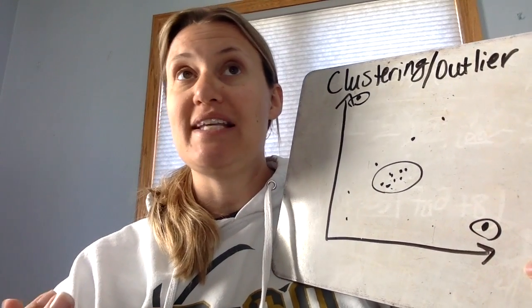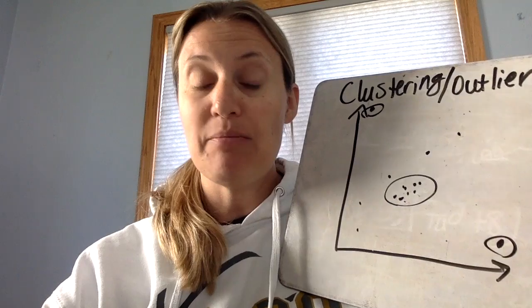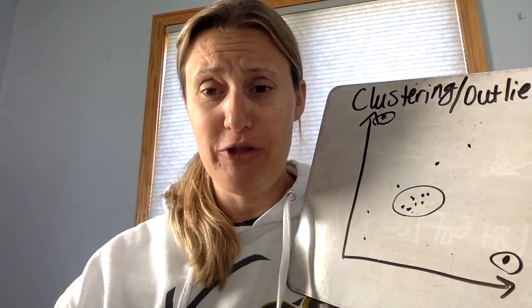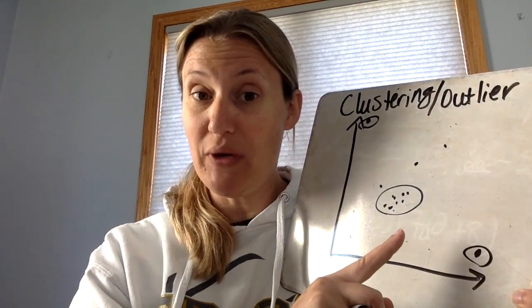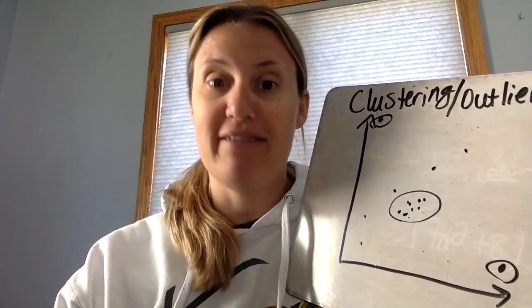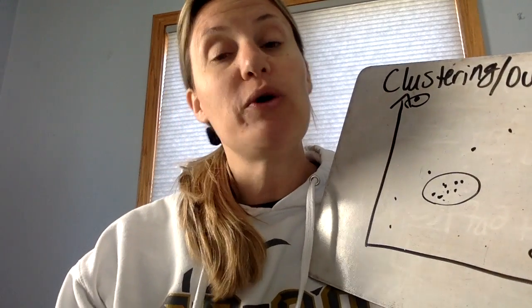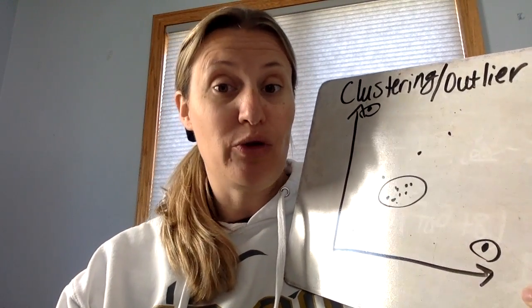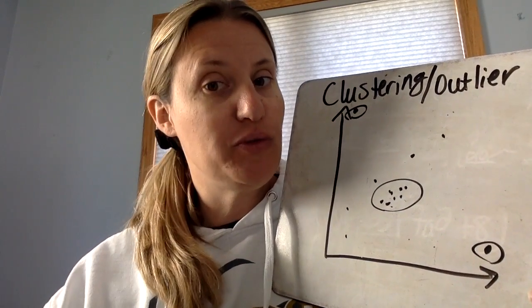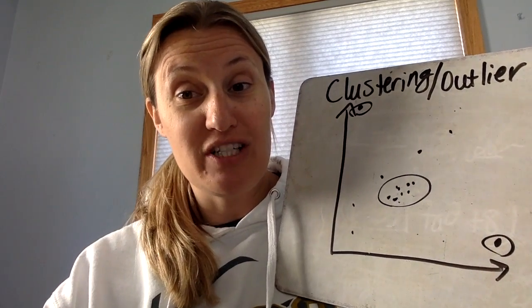A real world example of an outlier is if you had to report your reading minutes to a teacher, and for the most part, most of you read 100 minutes a week, you might have an outlier of someone who reads like 500 minutes a week. They're really far away from the rest of the data. Or you could have an outlier of someone who reads 0. They're further away from the rest of the data. And that was something we talked about last year too in 7th grade when we did mean, median, and mode. So that's a cluster and an outlier for a set of data.